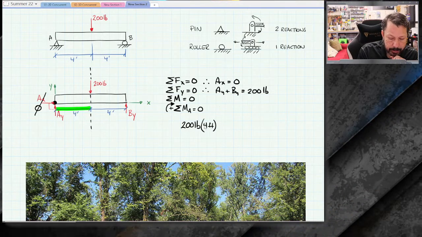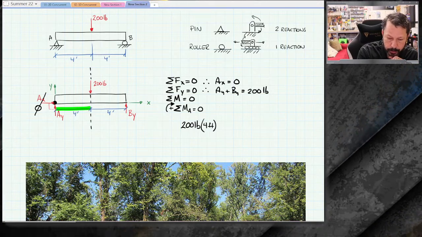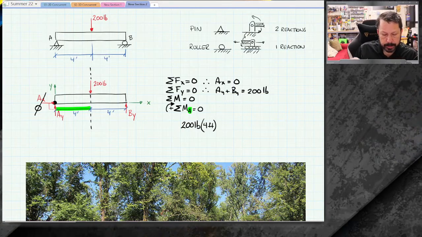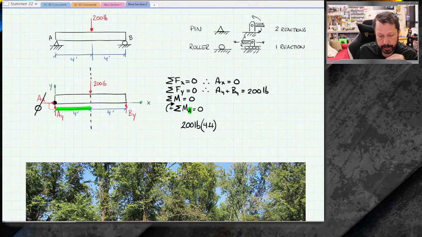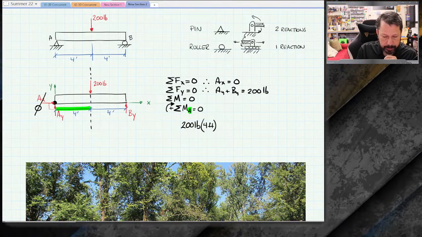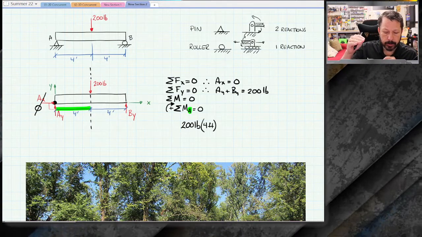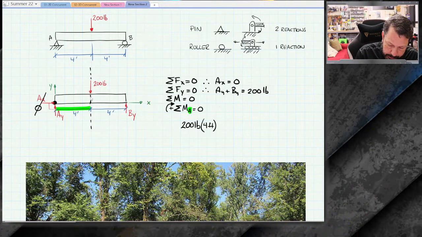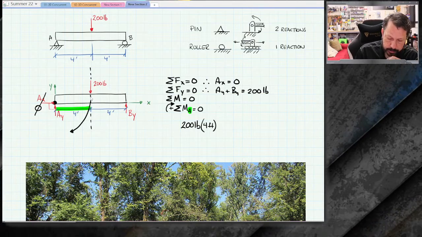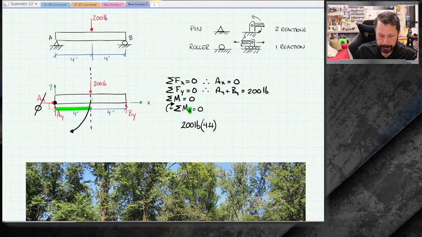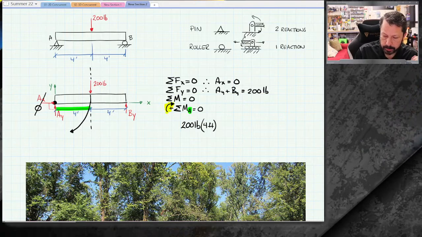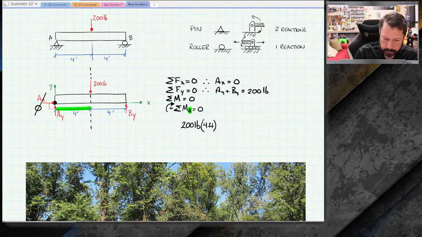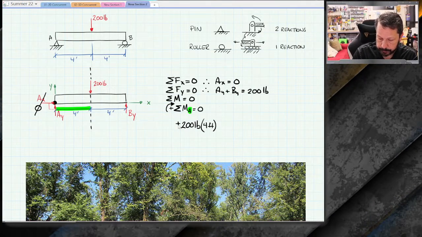Imagine the beam being able to rotate about point A, and I'm doing point A because my equation told me to do point A. Would the 200 pounds make the beam go clockwise or counterclockwise around point A? It looks like it's going to make it go this way, which is clockwise. I said clockwise is positive, so I give a plus sign to this moment.